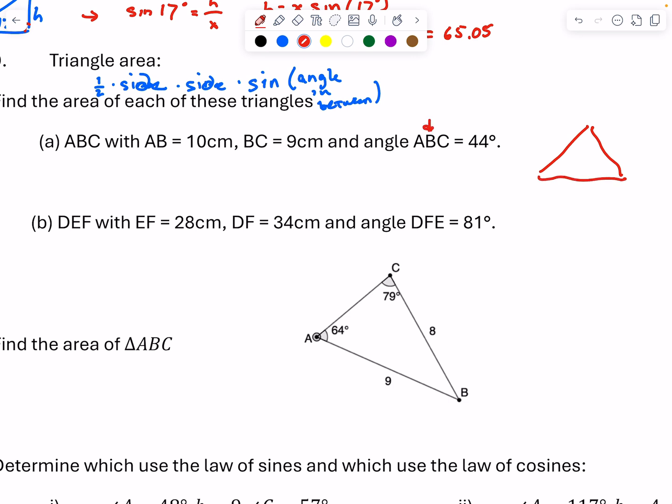Let's see, this is angle B. We have side AB, that's good, and side BC is 9. Okay, we have it set up. If I had the third side, if I had the side across from B, I'd have to set up the law of sines to figure out the side that was next to angle B.